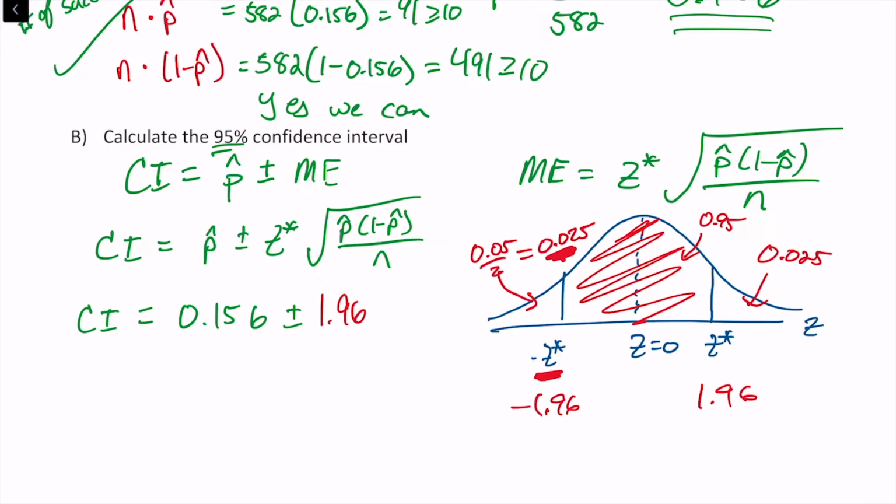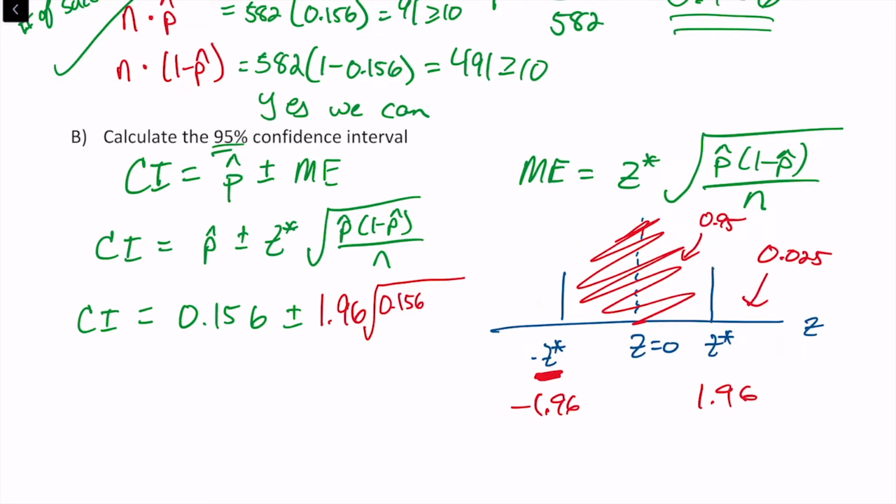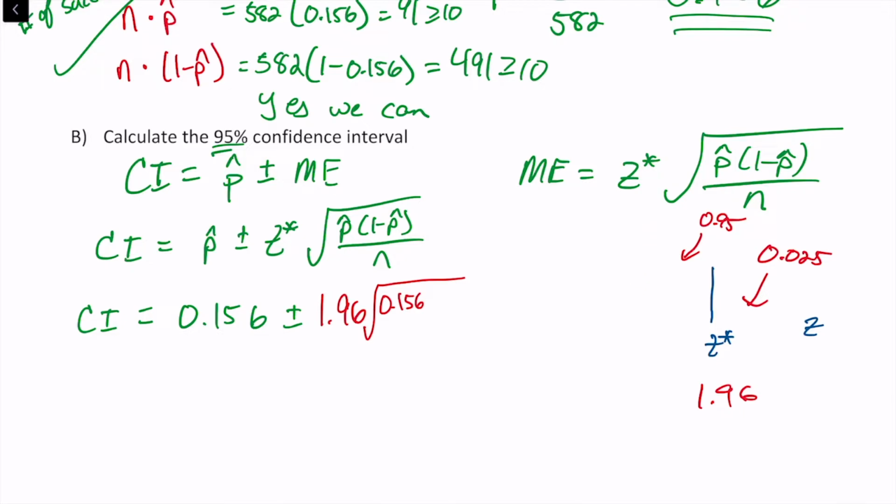Okay, then this is multiplied by the square root of 0.156 times 1 minus 0.156 divided by n, our sample size, which was 582.